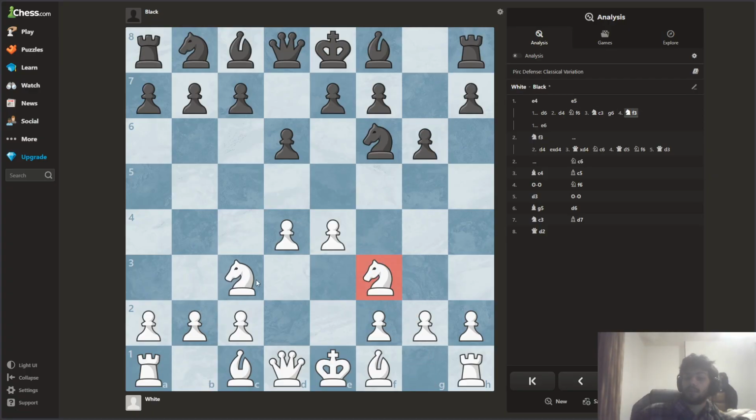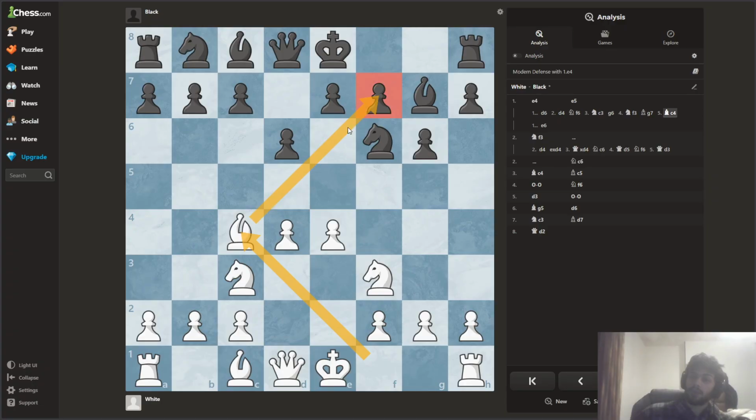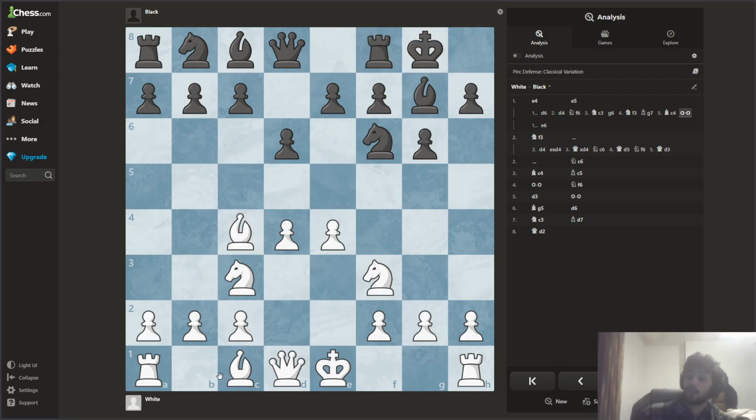Get your knights out, two pawns in the center, taking control of the center, a strong center defended, and then you will put your bishops out on the c4 square like this where it's active. Bishop sees this diagonal near the king, so it's strong.